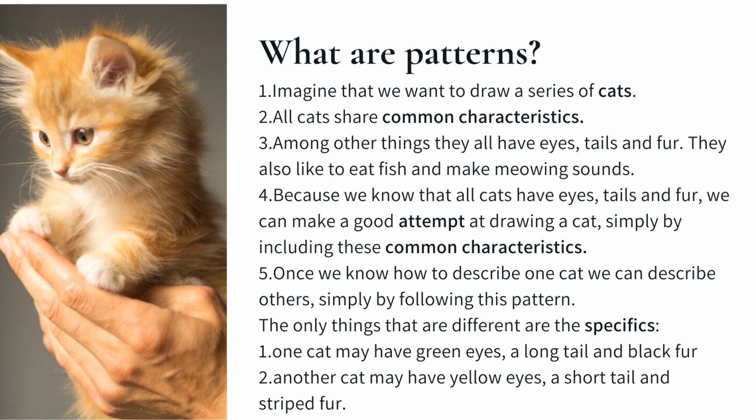For example, some of the cats might have green eyes, some might have blue eyes, long tail, black fur. Another cat may have, for example, yellow eyes, short tail, and so on. So patterns are actually the things that are in common, characteristics.